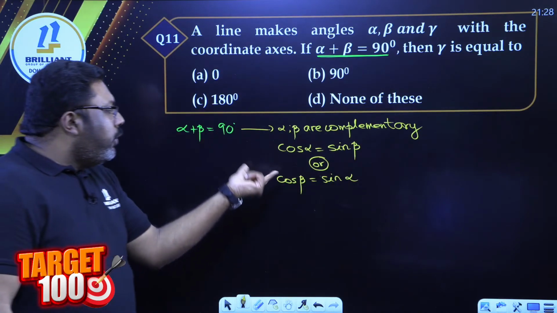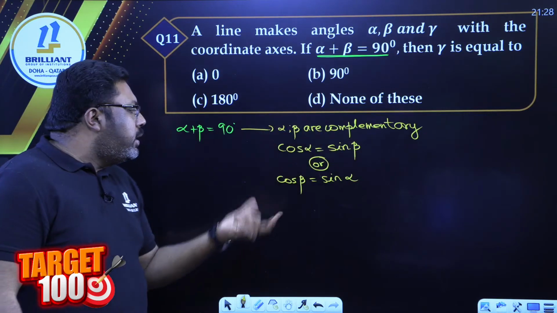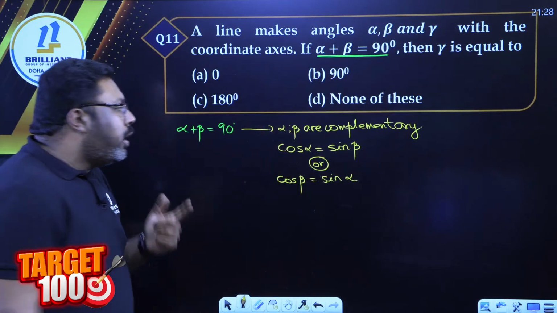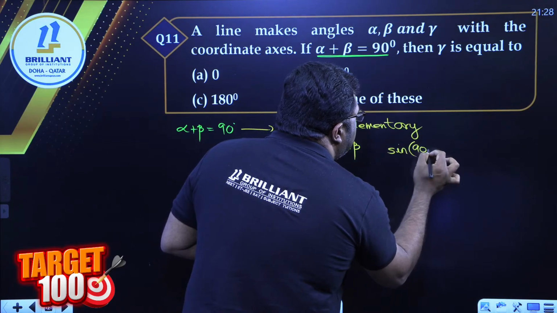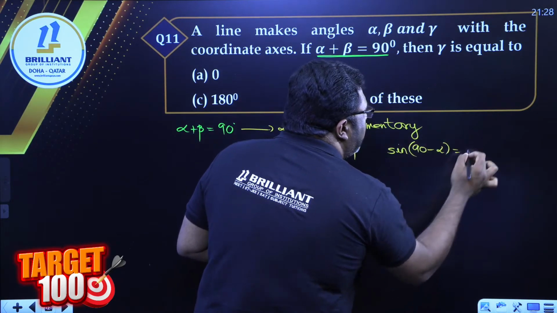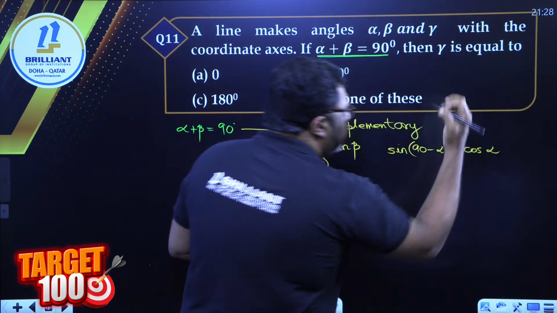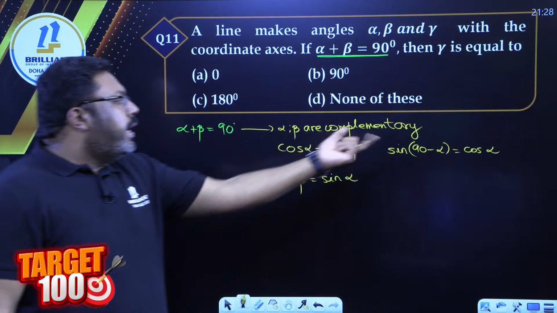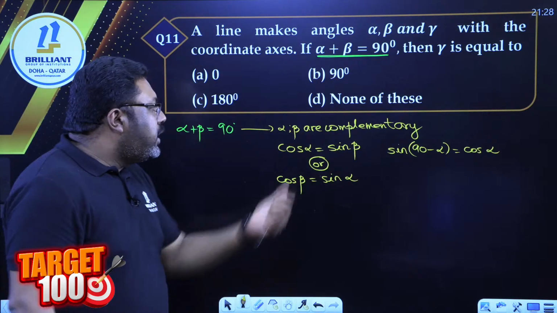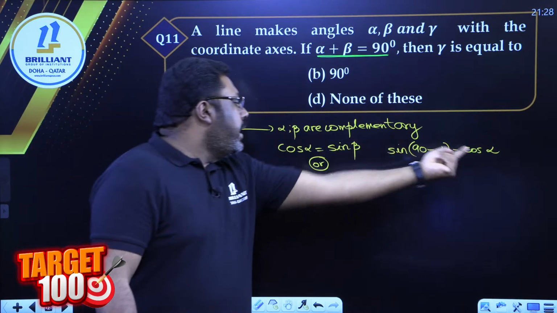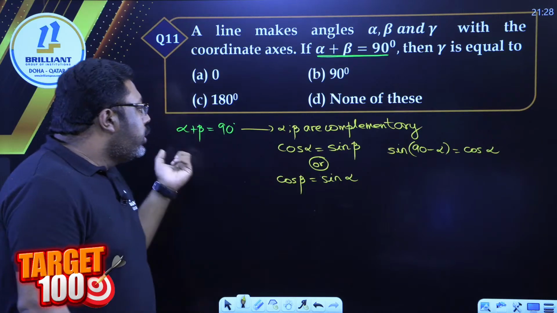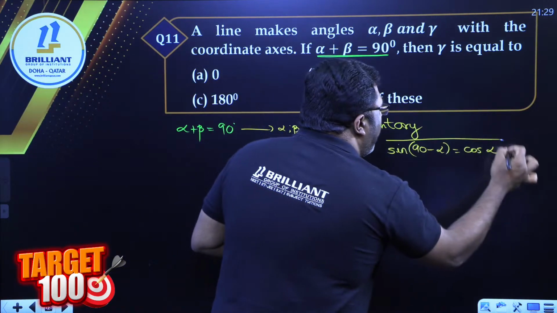For complementary angles, cos alpha is equal to sin beta, cos beta is equal to sin alpha, because we all know that sin of 90 minus alpha is equal to cos alpha. Here 90 minus alpha is actually beta. So sine beta is cos alpha. Got it? So this is how the complementary form works.